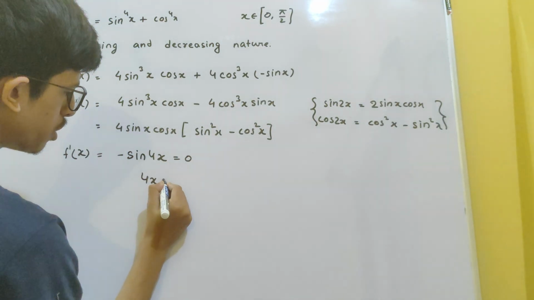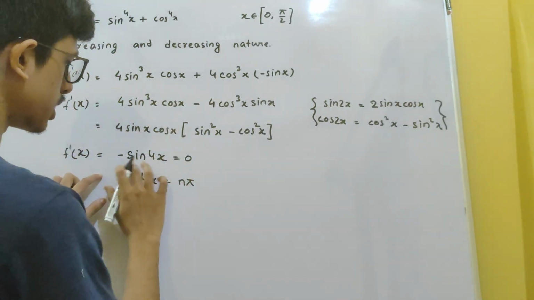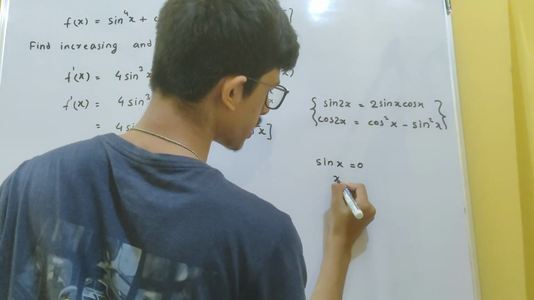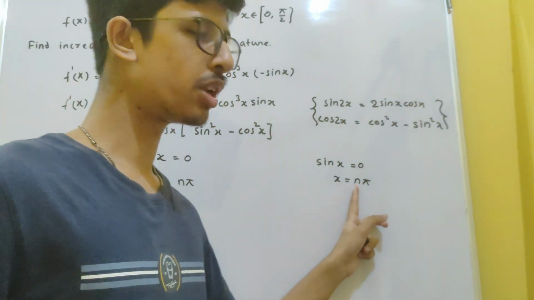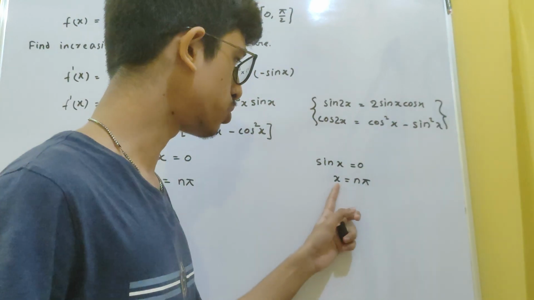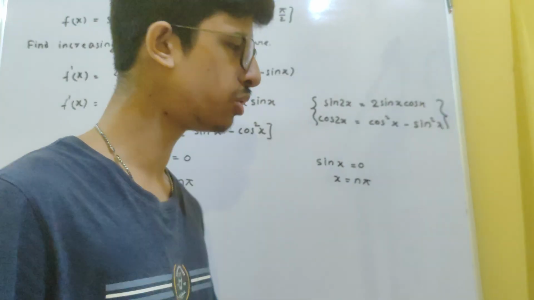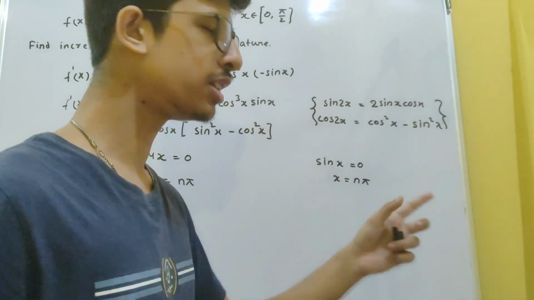So 4x equal to n pi. Why n pi? Because sin x will be equal to 0 for x equal to n pi. If n is any integer, so if n equal to 0, then x equal to 0 and sin 0 equal to 0. If we put n equal to 1, then x equal to pi, so sin pi is also 0.